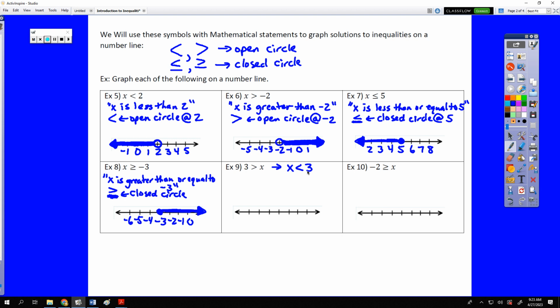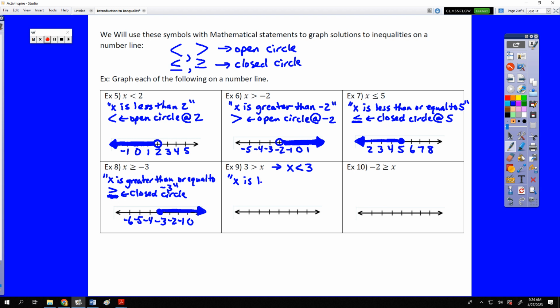Okay, if we switch the left and right sides of an inequality, that mouth is still going to try to eat the bigger number. So if we switch the 3 and the x, that mouth is still going to stick to the 3. It's still going to try to eat that 3. Okay? So it's important to realize that the x has to be written on the left side. Okay? From there, this is no different than what we've done.